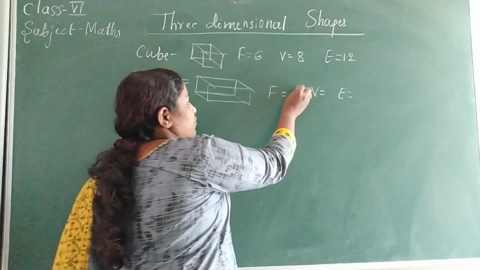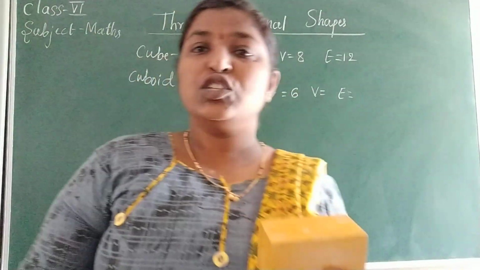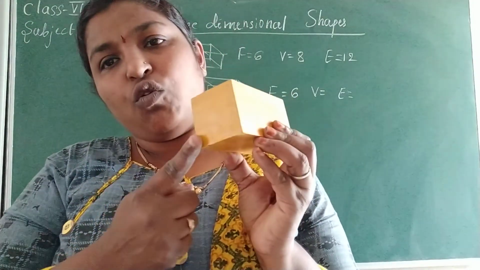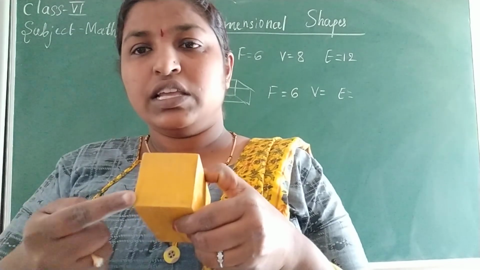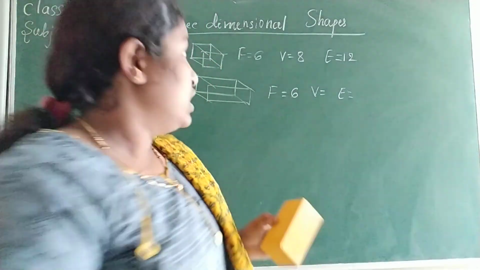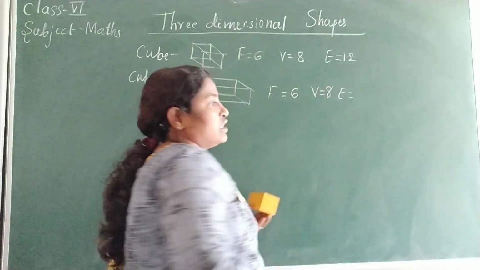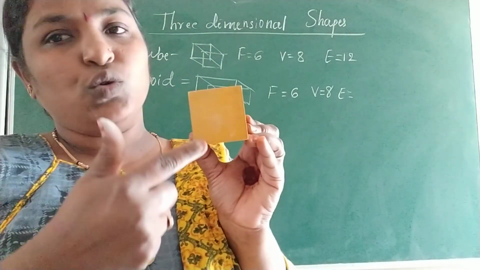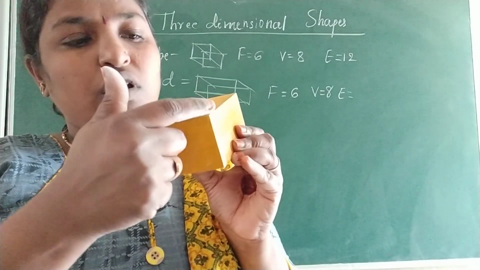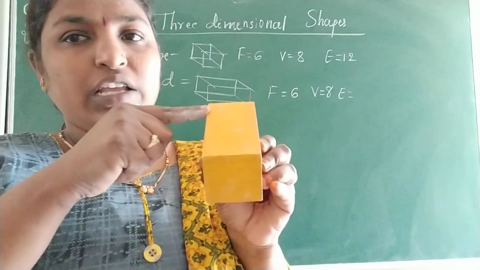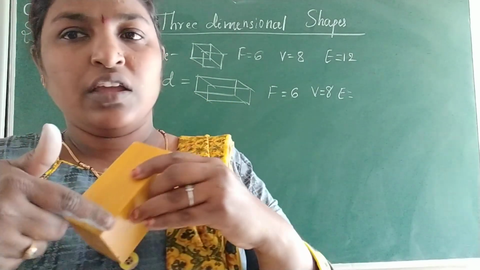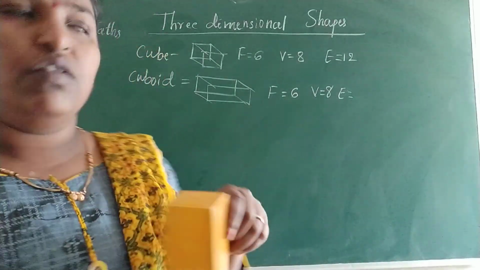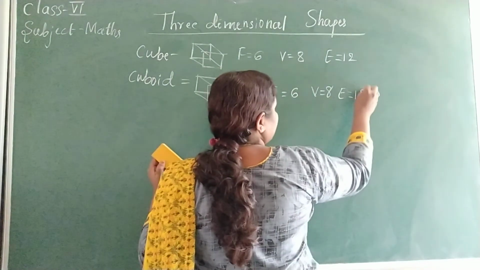Here also 6 faces. Vertices means corners: 1, 2, 3, 4, 5, 6, 7, 8. There are 8 vertices. Edges: 1 to 8, then 9, 10, 11, 12. So there are 12 edges.